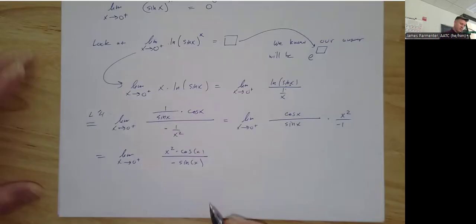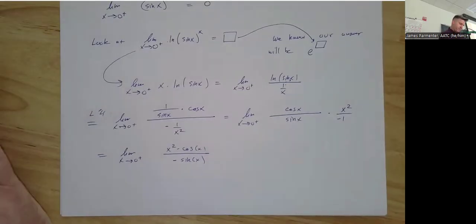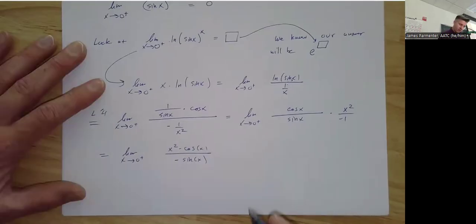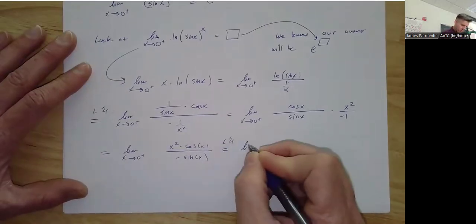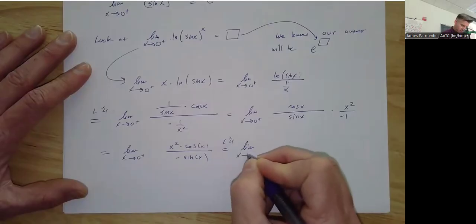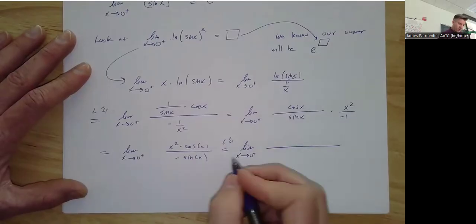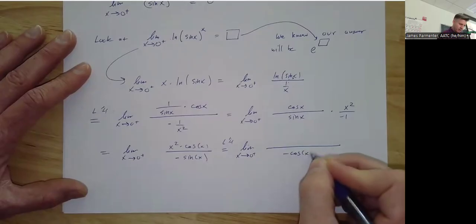So now, L'Hopital's rule again. You could avoid using L'Hopital's rule here if you wanted to, but using it will also be just fine. The derivative of the bottom is negative cosine of x.